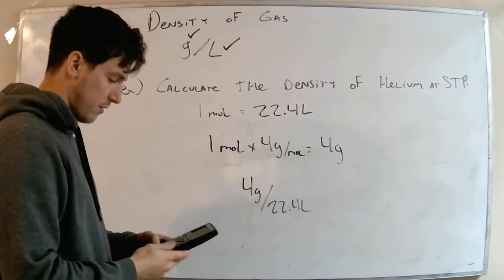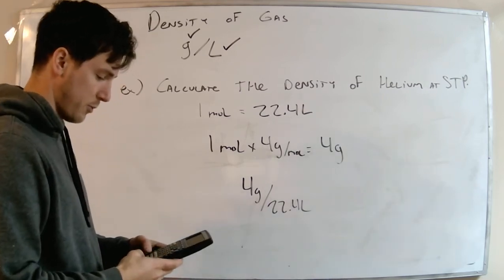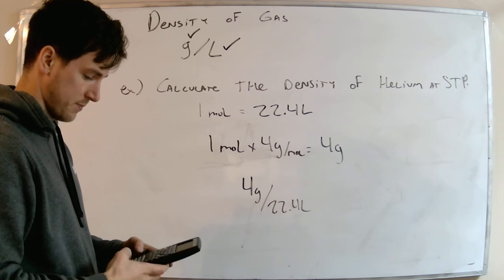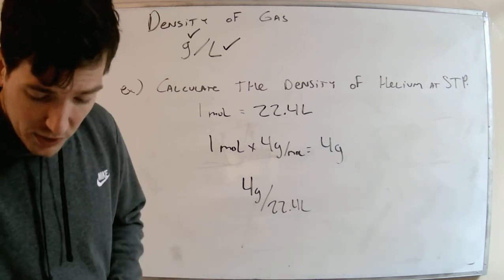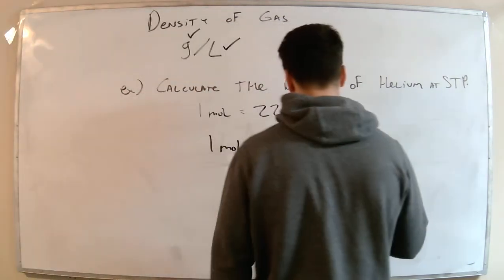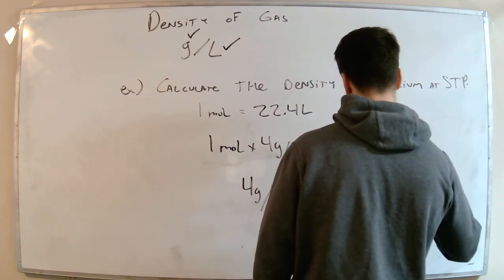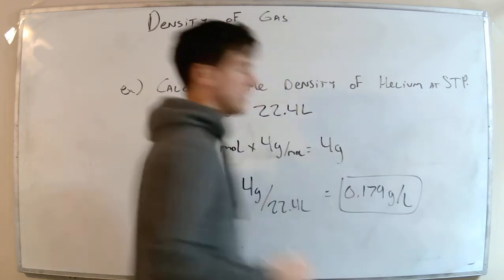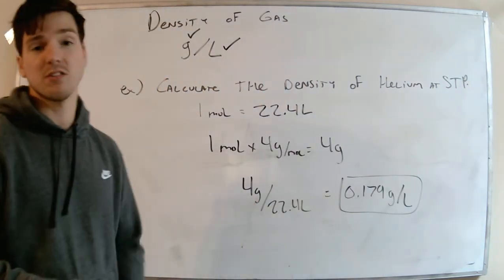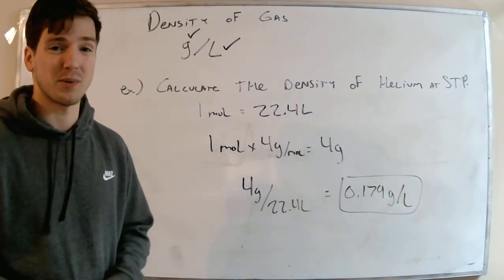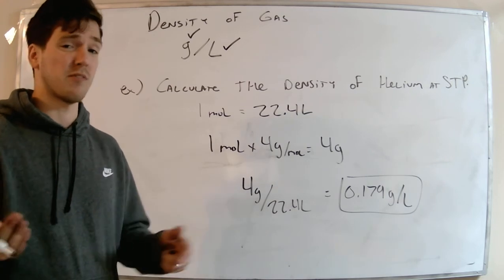So 4 divided by 22.4 is 0.179 grams per liter. That is the density of helium gas. Right? So all it is is molar mass divided by 22.4, or grams divided by liters.